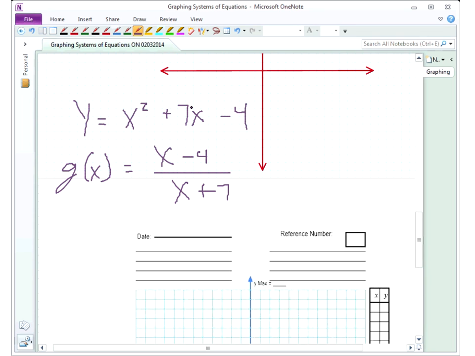Hint, hint. There are 3 points of intersection. I see Kayla is coming up with very similar answers to Devin. That is true, Aspen. It'll be 3 different ones. Here it is. That is correct as well, Emily.